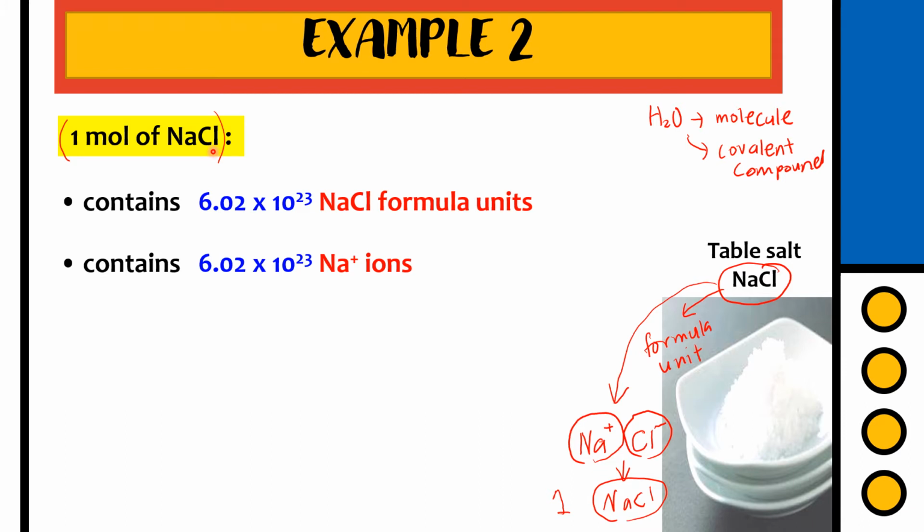Same goes with Cl minus. Satu formula unit of NaCl contains 1 Cl minus ion. So 1 mole of NaCl contains 6.02 times 10 to the power of 23 Cl minus ions. Kira bilangan dia dekat sini. Okay?